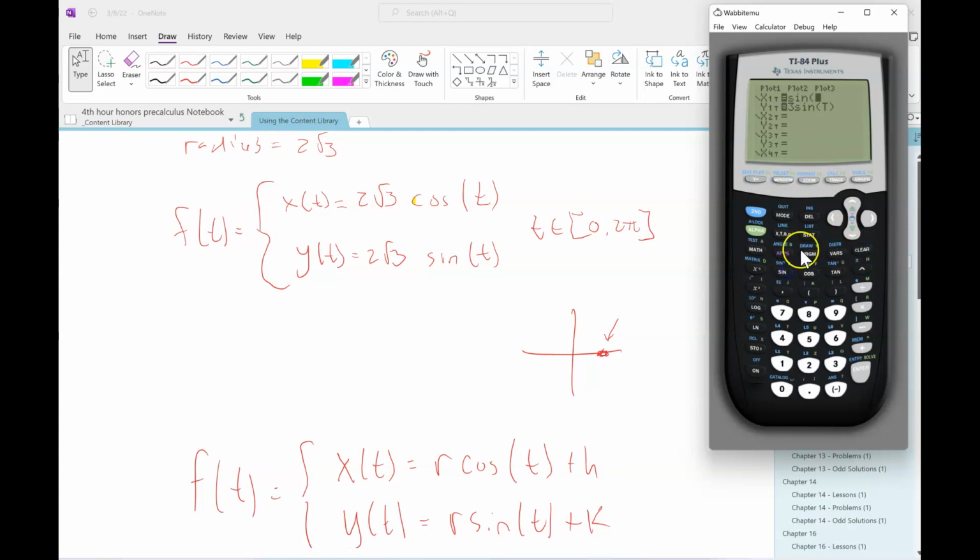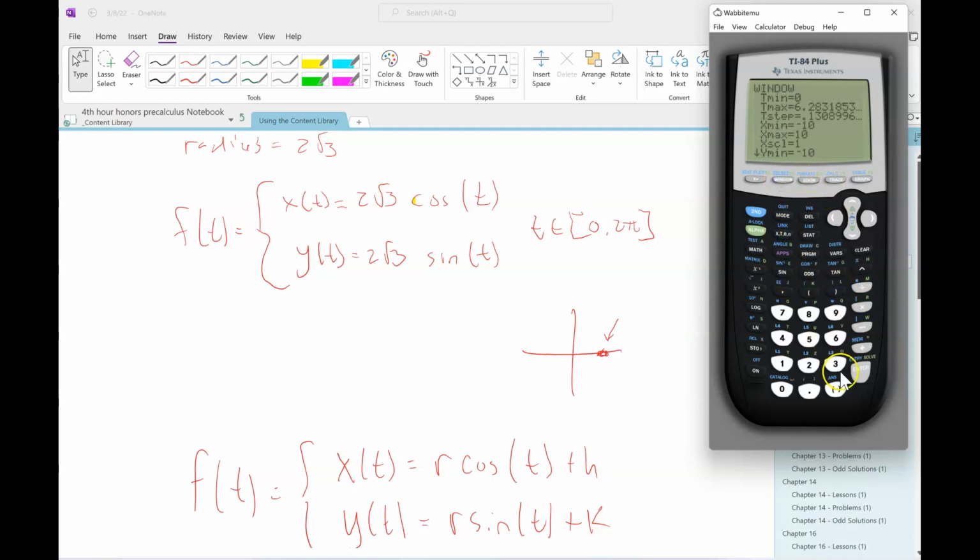So what does it say? Sine t minus t cosine t for x, and then cosine t plus t sine t for y.